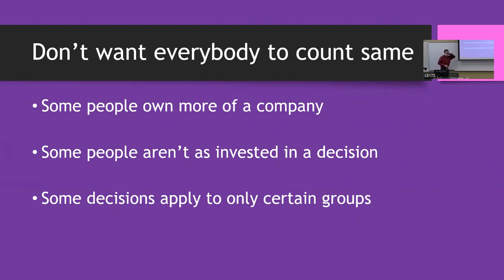All right. The classic example of this is ownership of a company. Oftentimes, certain individuals will own a majority of a company, and there might be lots of other individuals that own smaller portions of that company.